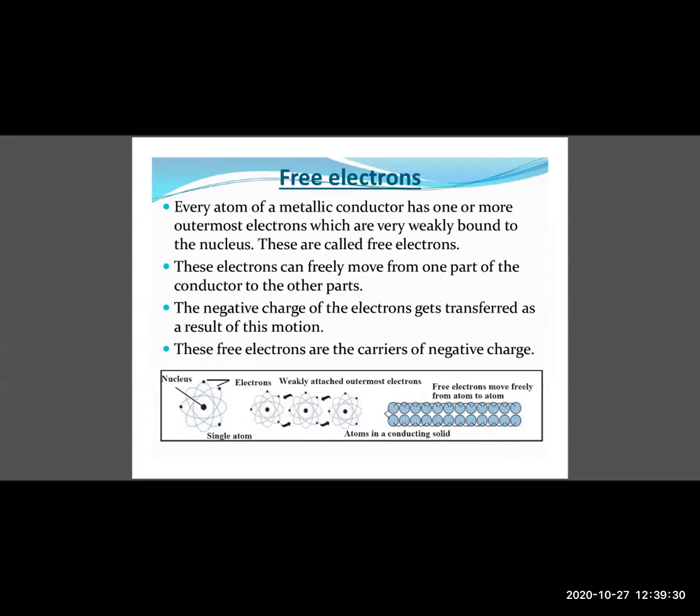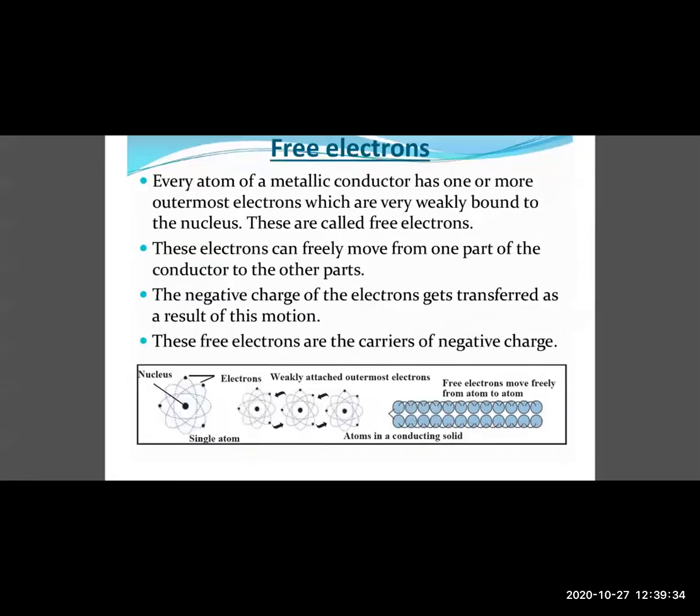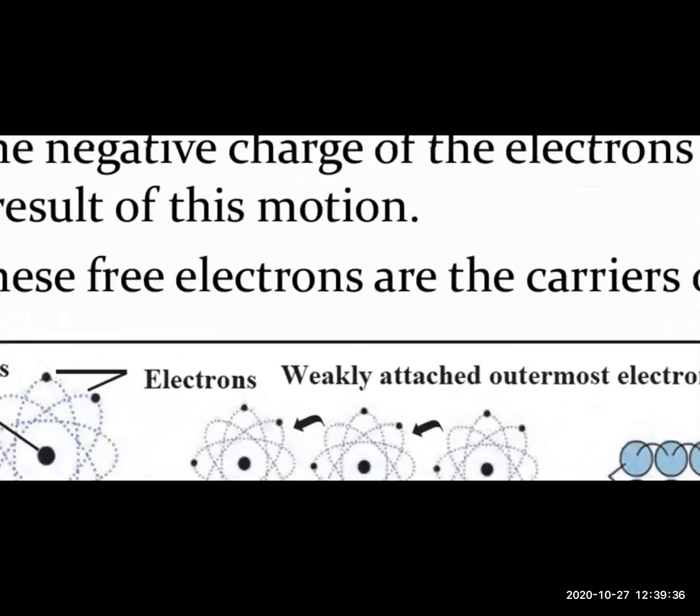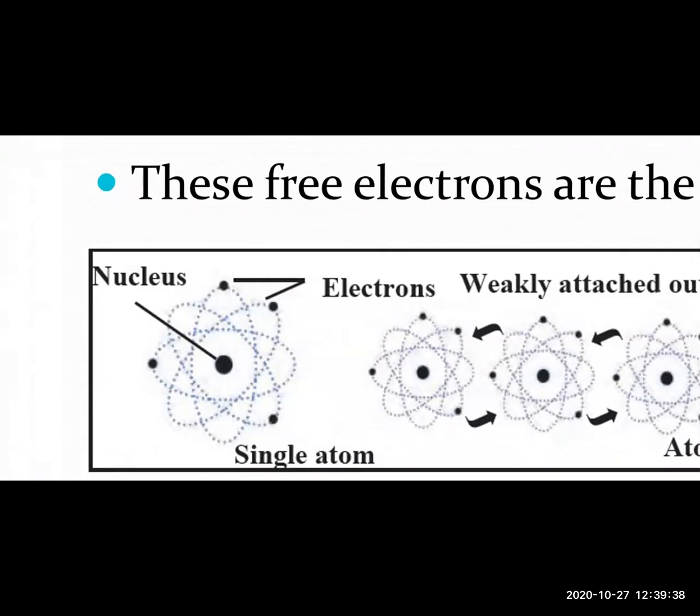Now if you look at the structure of an atom, in the center the atom has a positively charged nucleus. You will be studying the structure of an atom in detail, definitely, but as of now let us try to understand this. In the center the atom has a positively charged nucleus, and electrons are going around the nucleus in orbits. And the electrons are negatively charged.